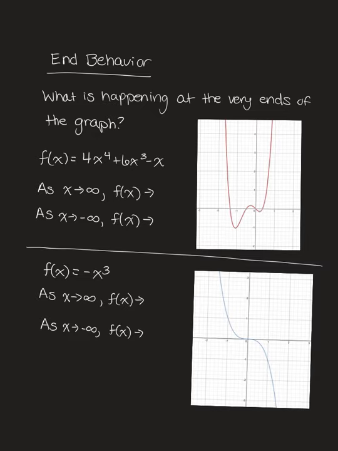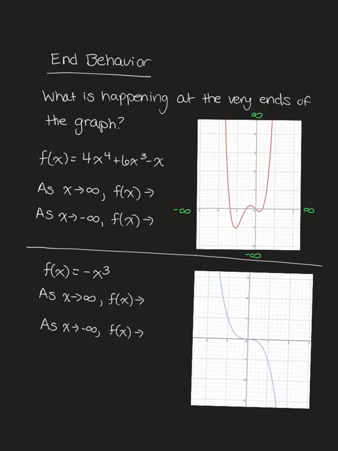To the far right is positive infinity in the x direction. To the far left is negative infinity in the x direction. Way down at the bottom is negative infinity in the y direction, and way up top is positive infinity in the y direction. So let's look at what's happening at the very ends of the graph.